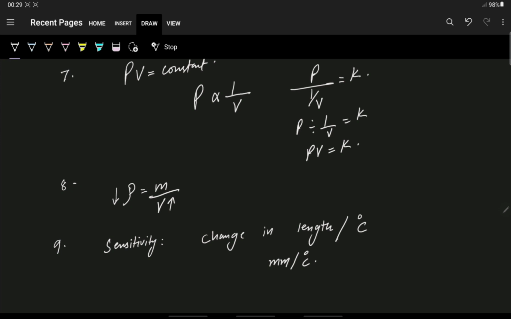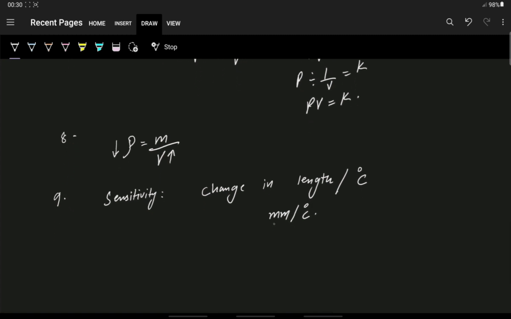You should also recognize that it is not dependent on the thickness of the glass in the bulb. And you should know that sensitivity increases with more liquid in the bulb, and if the diameter of the bore is reduced. The narrower the diameter, the more the sensitivity, since there would be a greater change in length per unit degree rise in temperature. So this is something that you should remember by all means.